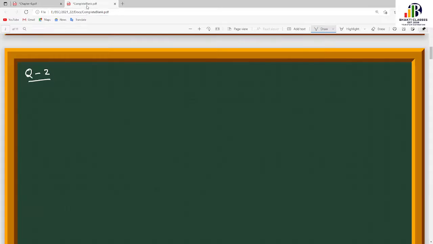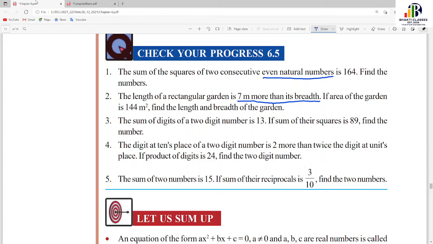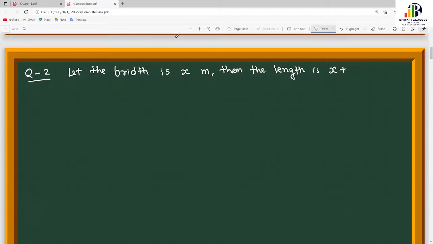So let the breadth be x meter, then the length is x plus, कितना उसको बढ़ाना है, 7 meter more, so x plus 7 meter.